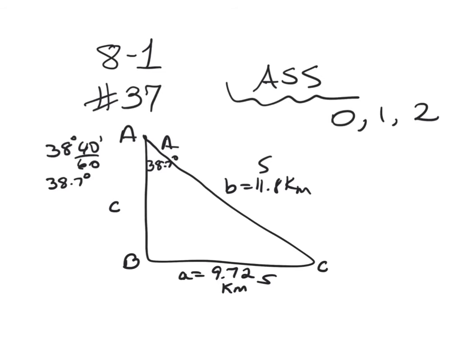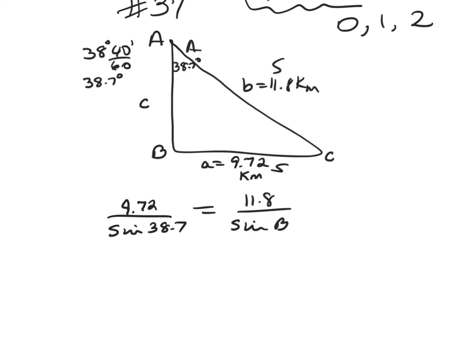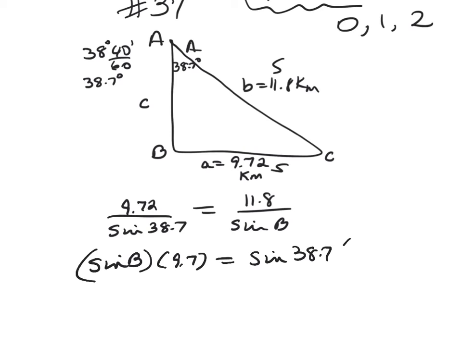Okay, so I'm going to use my given. So I have my 9.72 over the sine of 38.7. And then my other side that I've got is little b, so 11.8 over the sine of b. I'm going to cross multiply and divide by 9.72.